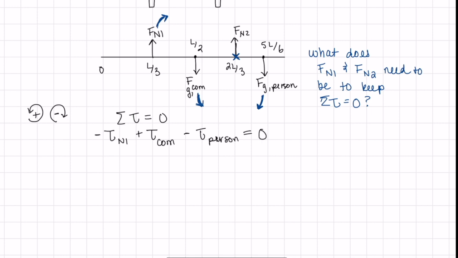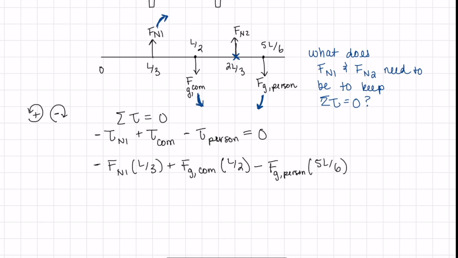So okay, let's sub in our force times distance for each of these. So I'll have negative Fn1 L over 3 plus Fg center of mass L over 2 minus Fg person 5L over 6.